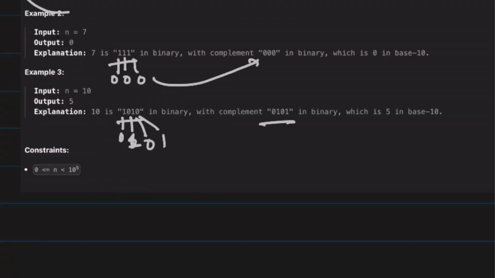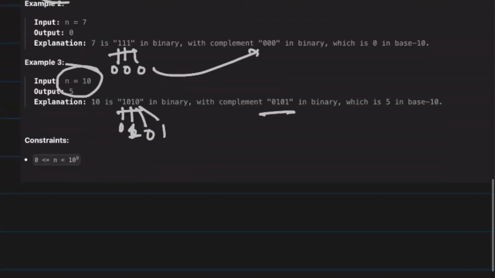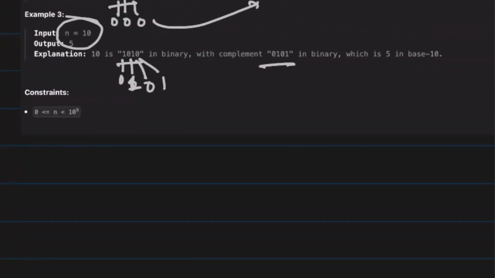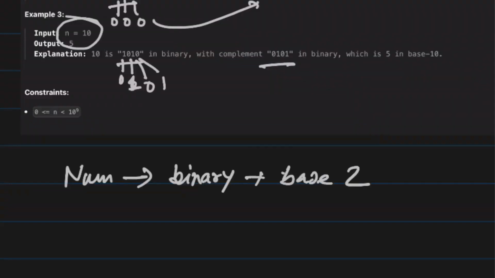Then, how are we going to solve this problem? So we'll be given a base 10 number, right? So let's say we are given a number. First thing is we have to convert it to binary, so we have to convert it to base 2.